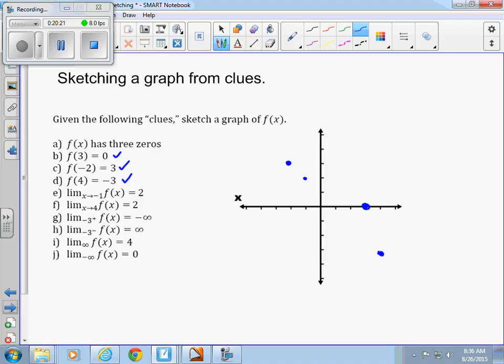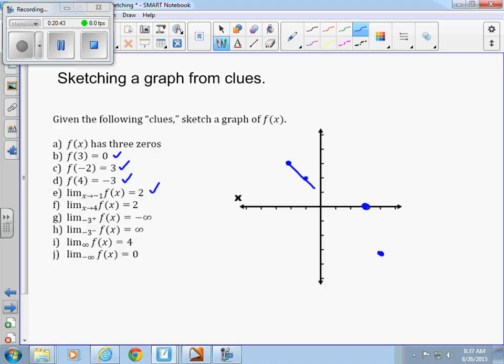We could do other things, but that seems easier, right? If I have to change it, I'll change it later. But for now, I might as well just draw it right there. Notice I didn't just plot a point, because would that be enough? I need to make sure both sides have that limit.